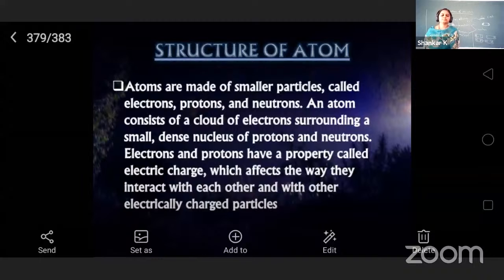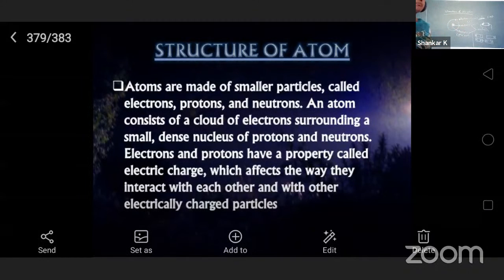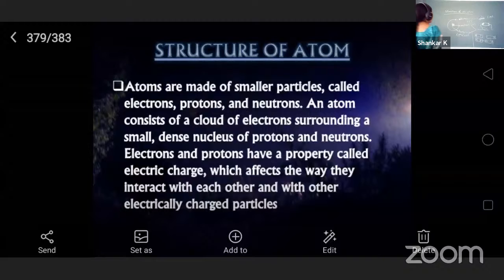Whenever we connect the wire, there will be two wires. One we connect to the positive side, one to the negative side. Do you know this? So we say positive charge and negative charge.